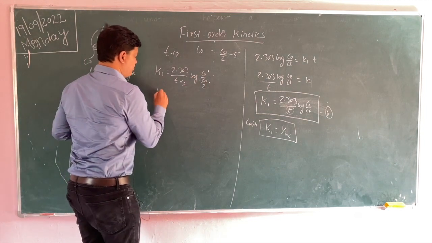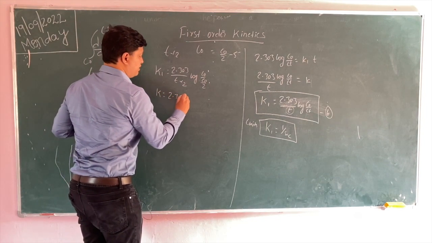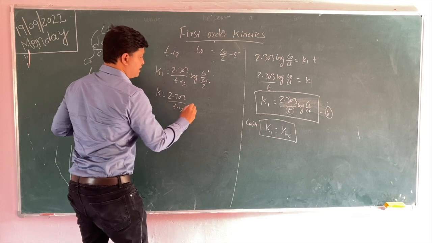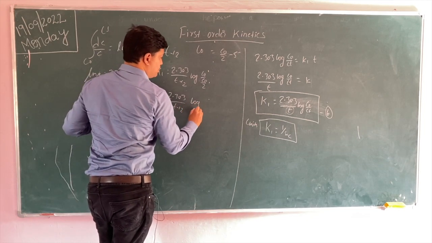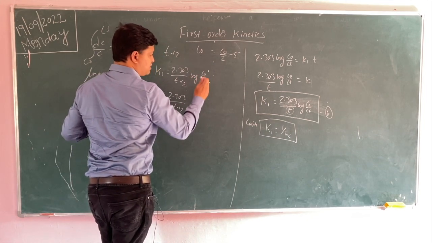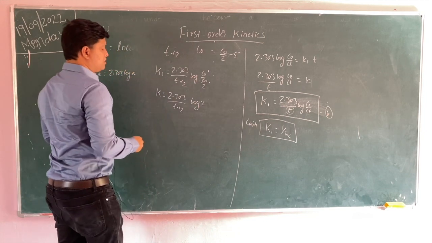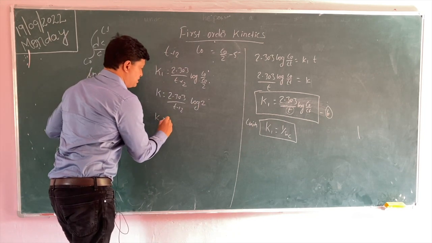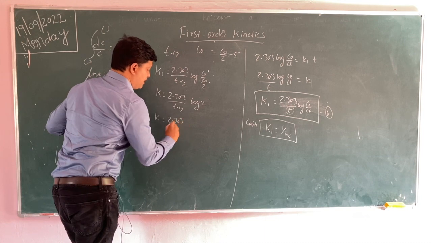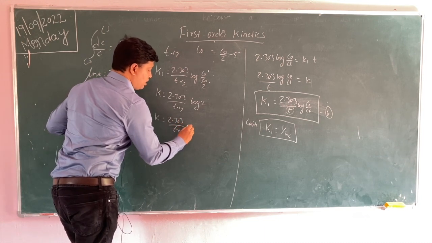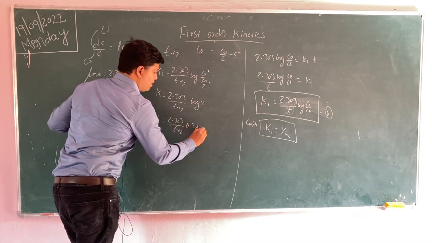Rearrange this equation. 2.303 by T half into log, C naught will get cancelled, this 2 will go to log 2. So, K is equal to 2.303 by T half, log 2 is 0.3010.